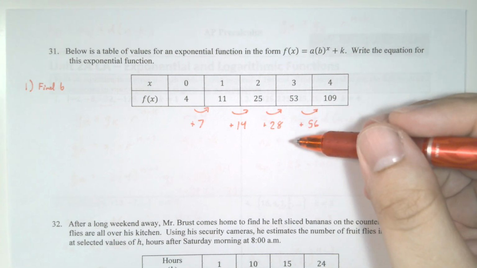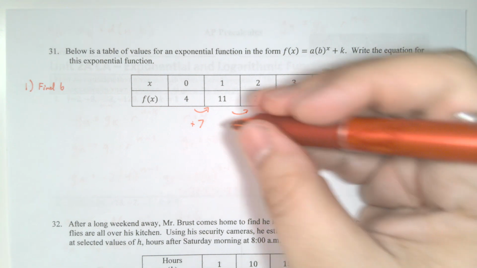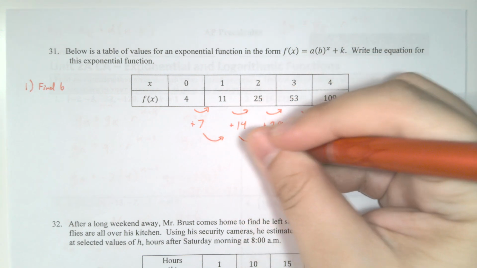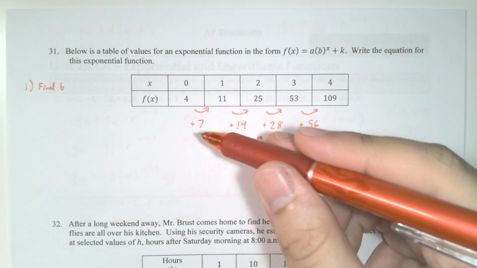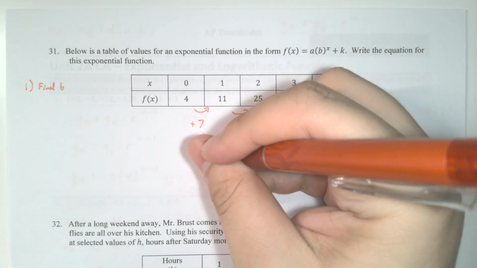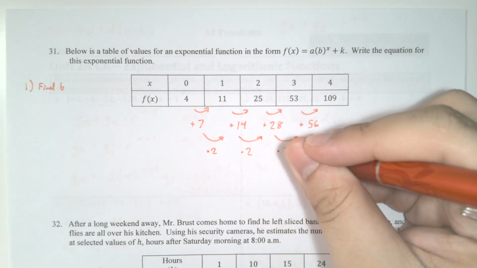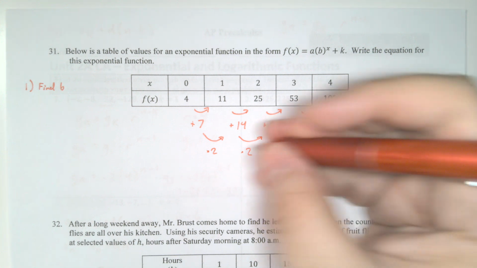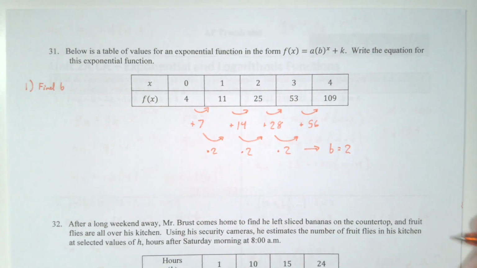And so once we figure out the common differences here, then we figure out how these values are changing multiplicatively. So we see that 7 times 2 is 14. 14 times 2 is 28. Times 2 is 56. And so this tells us that b is equal to 2.